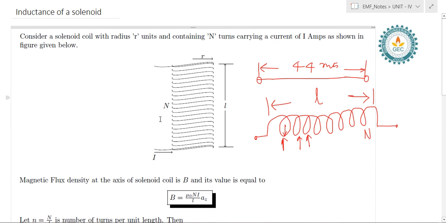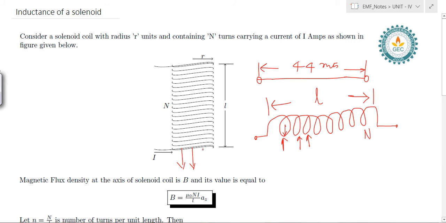Let I be the current that is sent through the solenoid. Because of that, a magnetic flux is established in it, so that the direction of the magnetic field would be like this. So I is the direction of current.